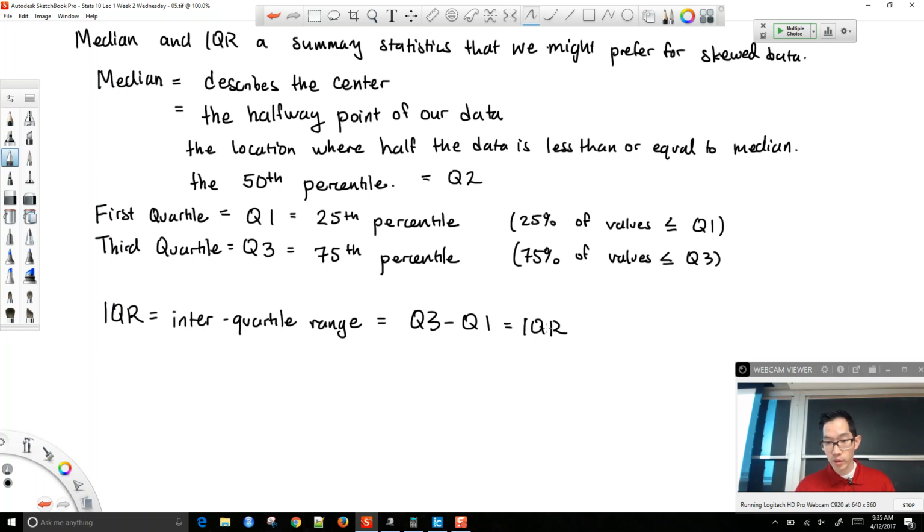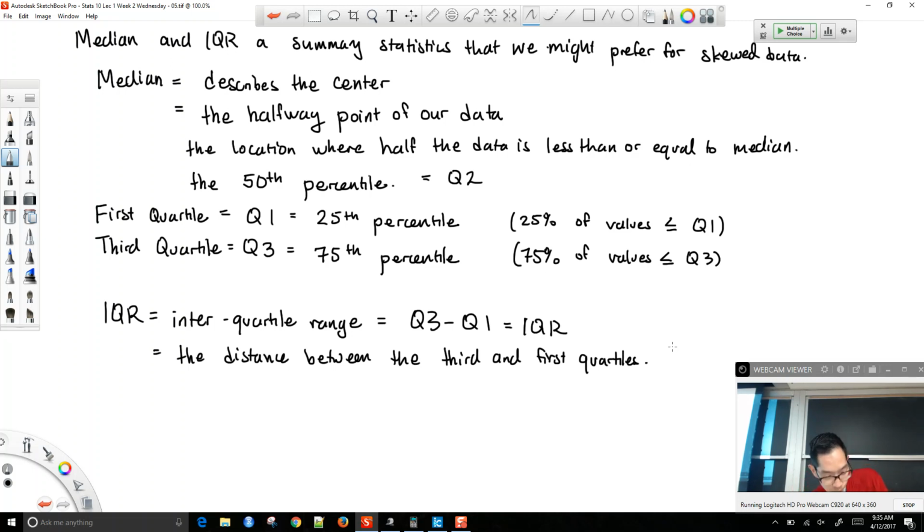You can think of it as the distance between the third and first quartiles. So these are just the terms that we have defined, okay?